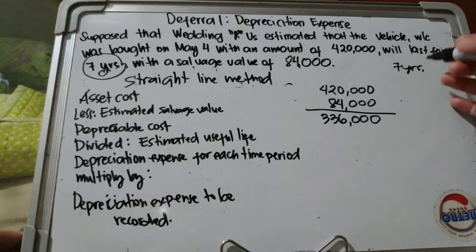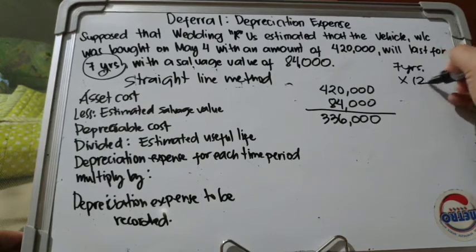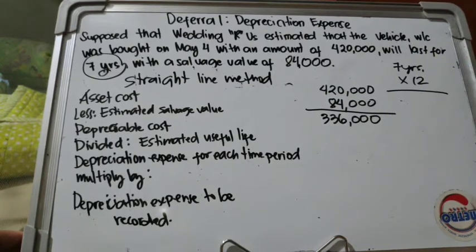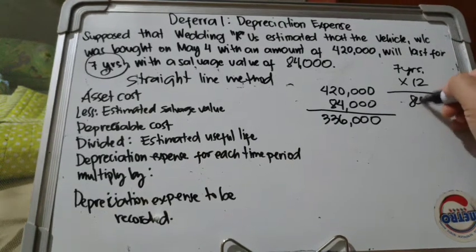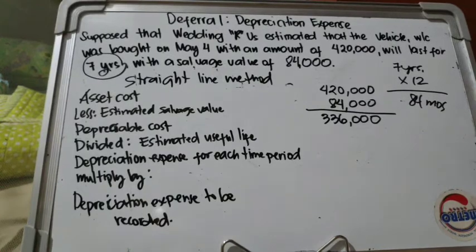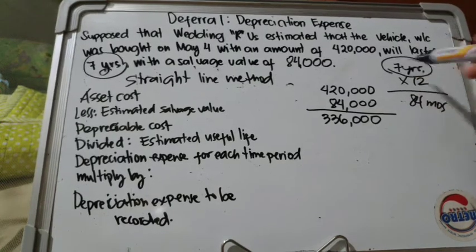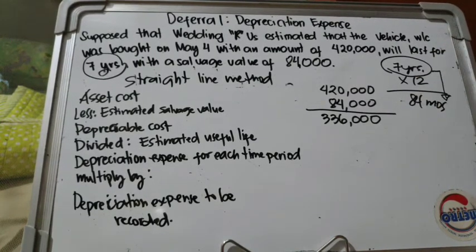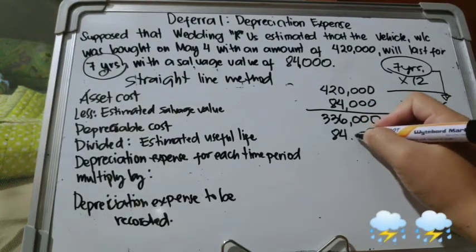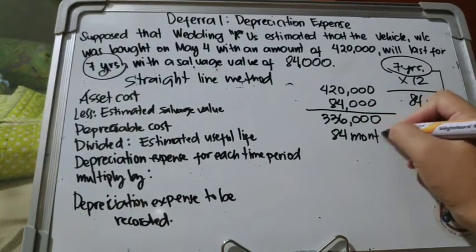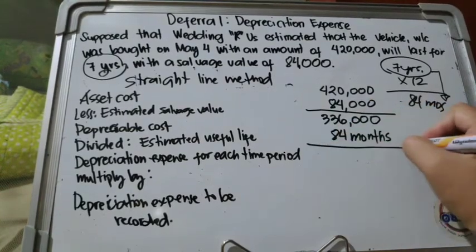So, you will have to multiply the 7 years to 12 months. Okay? And then, ang makukuha mo is the 84 months. Right? So, 7 years comprises of the 84 months. So, for that, you will divide the 336,000 to the 84 months.